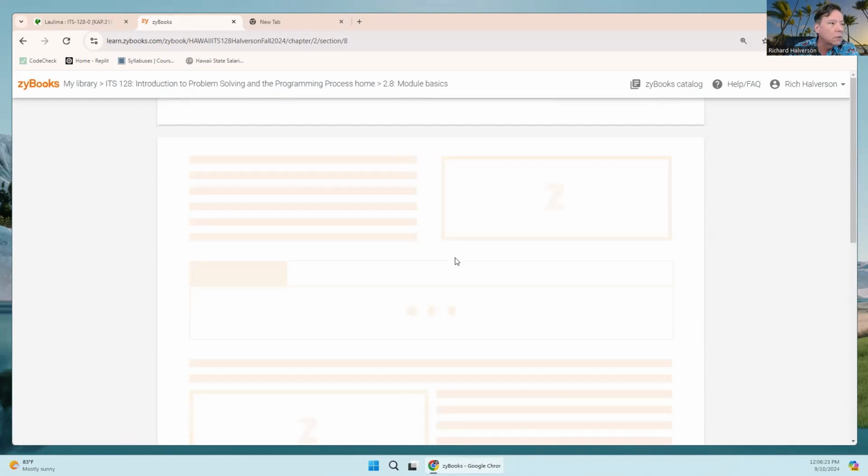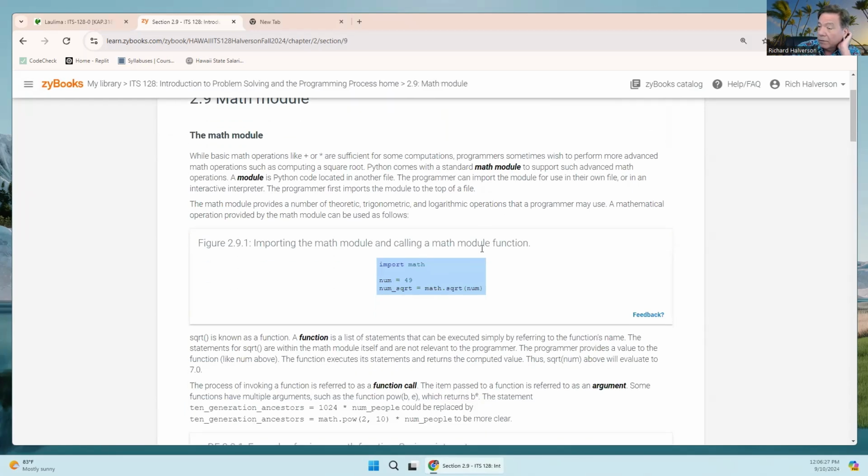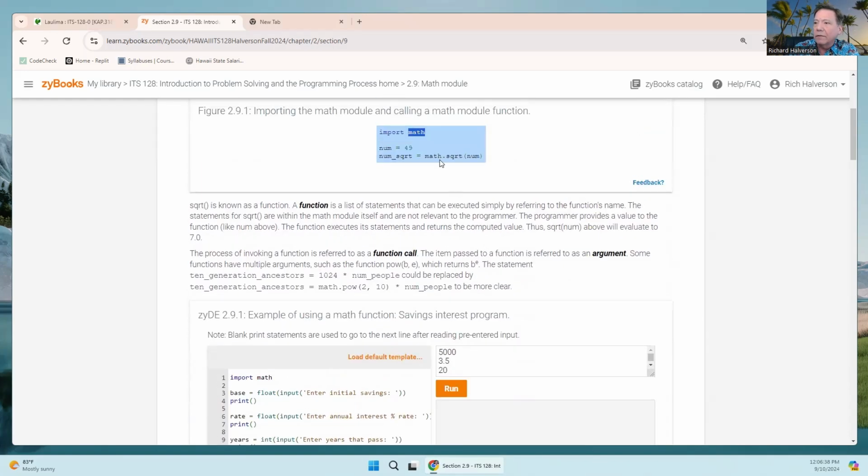So this is, the next one is, oh, okay, so here's, there's a challenge activity here. Here we're going to talk about importing the math module. And so that gives us some extra functions, and we prefix them with math dot.